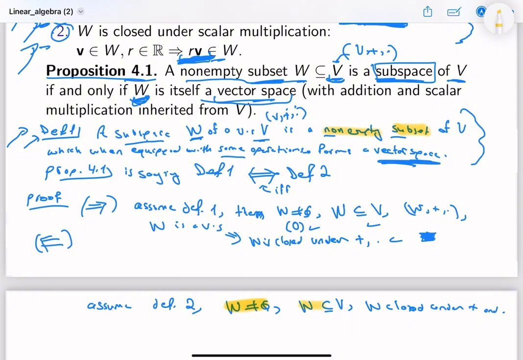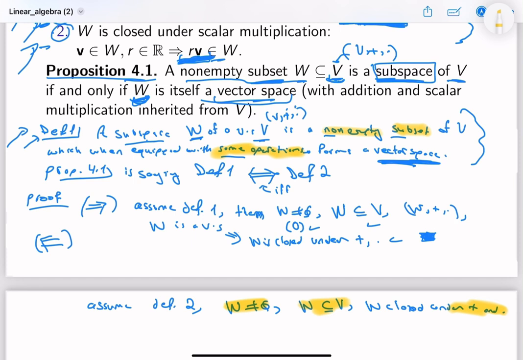It's a subset is clear from here, right? And so we want the same operations. Well, we're talking about the same operations, and we're saying that omega is closed.